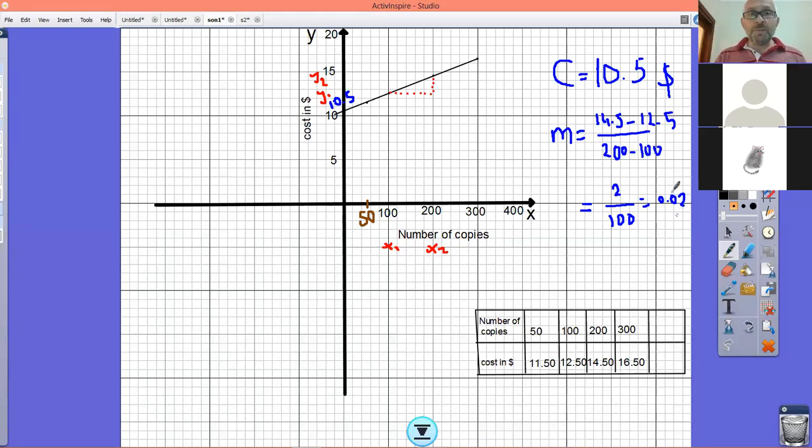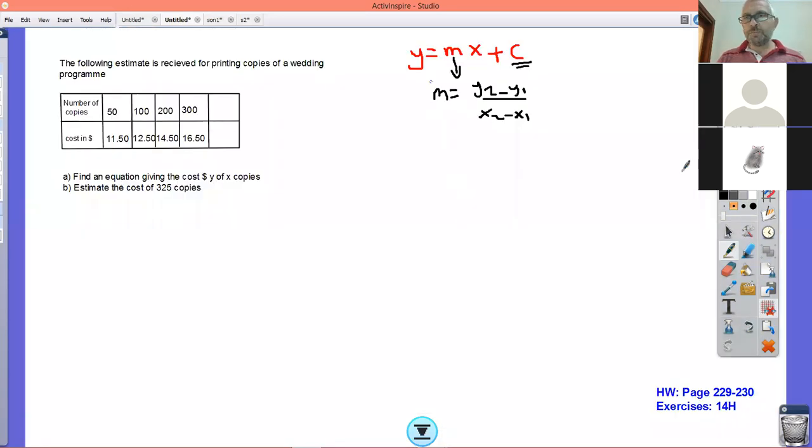Now this is the line, and our formula will be Y equal to 0.02 X plus 10.5. This is how we are going to pay for the number of printings.